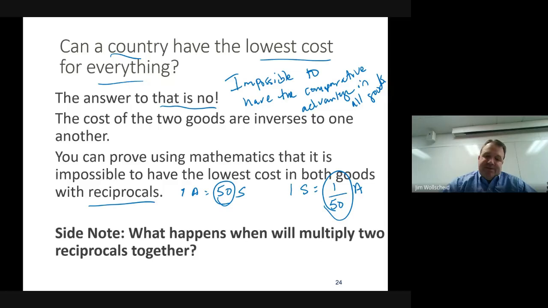And there's a property in reciprocals that can prove that it's impossible to have the comparative advantage in all goods. We're not going to go through it, but if you really like math, you really want to prove stuff, you can prove that. You just need to know that because they're reciprocals, it's impossible to have the comparative advantage in both goods. And in fact, what happens if we multiply reciprocals together, we come up with 1.